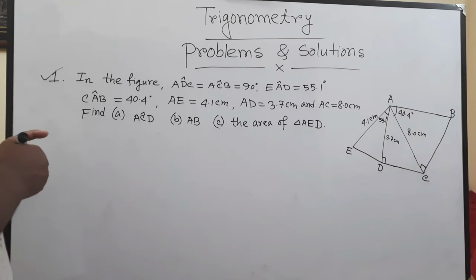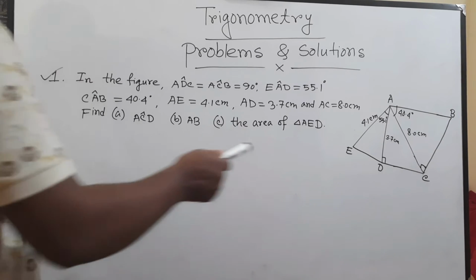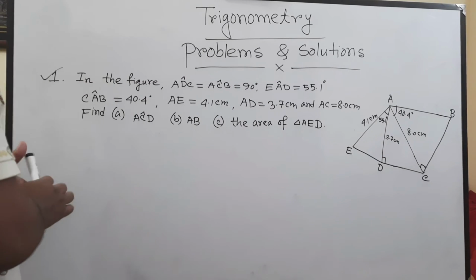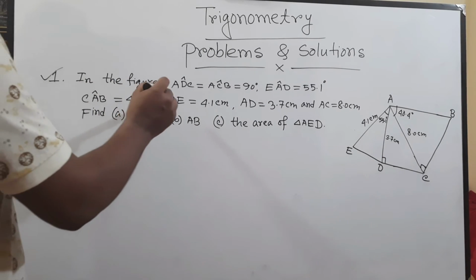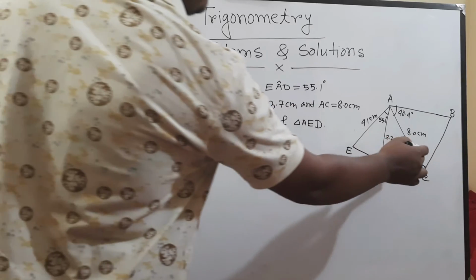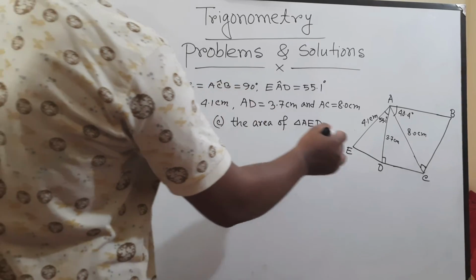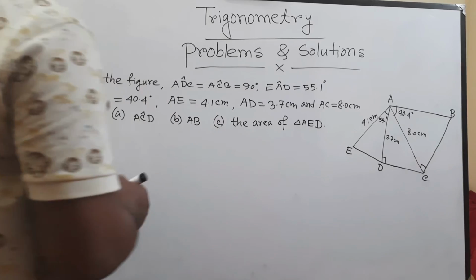So the given problem is, here a diagram is given. So according to this diagram, some information is given. So in the figure, angle ADC equal angle ACB equal 90 degree. That means this and this angle are 90 degree.